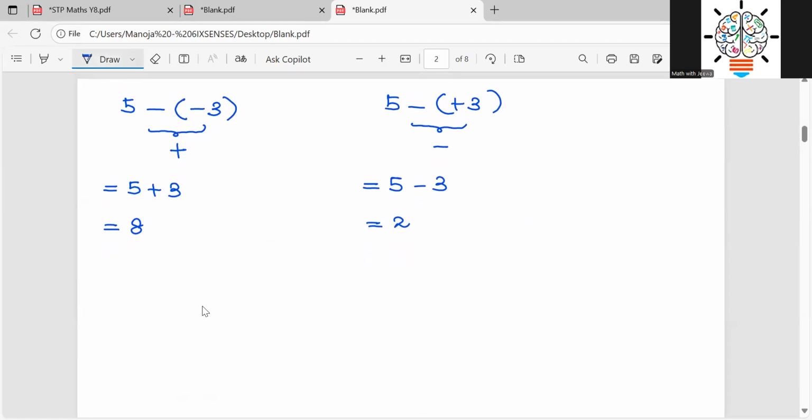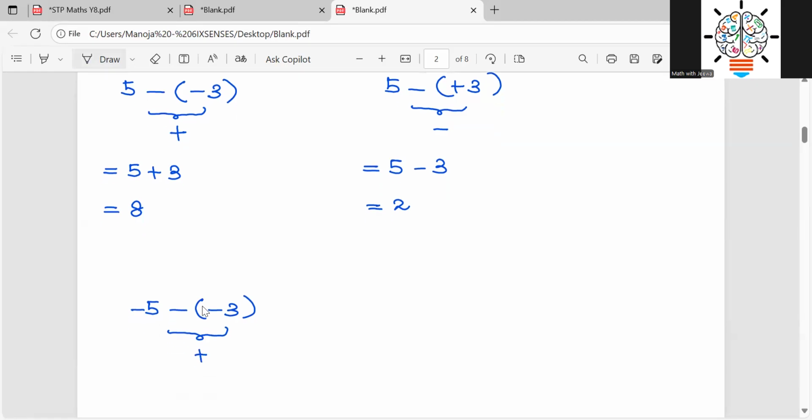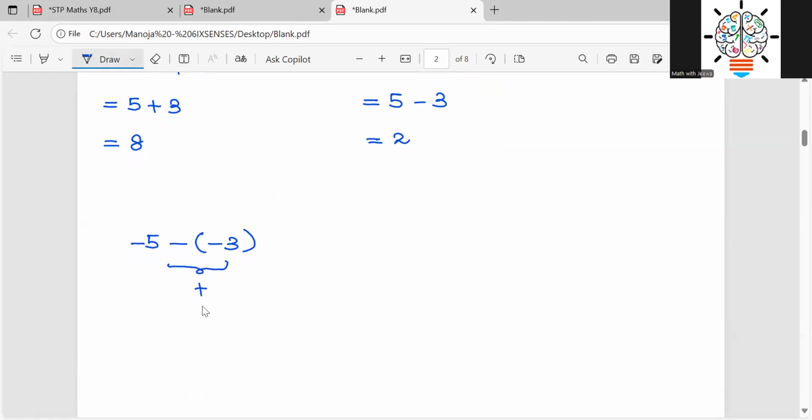Then the next one, let's say negative 5 subtract negative 3. Now, you don't look at this negative 5 first. First, we want to simplify this, so it is positive. And then you have negative 5 plus 3.